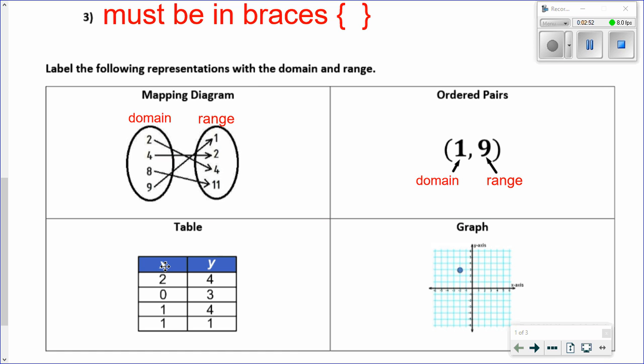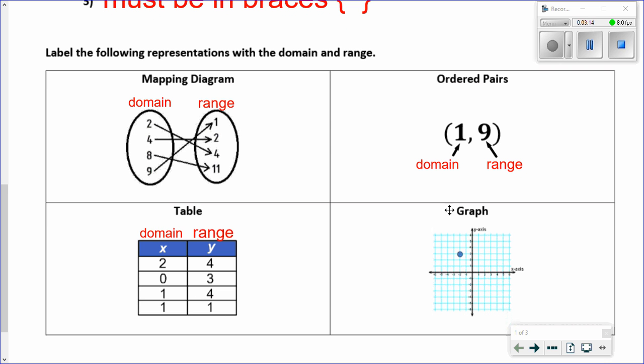Sometimes they're labeled with other variables, and sometimes they're labeled with real-world examples. Okay? But basically, the x, or the independent variable, will give you your domain values, and your y's, or your dependent variables, will give you your range. Okay?